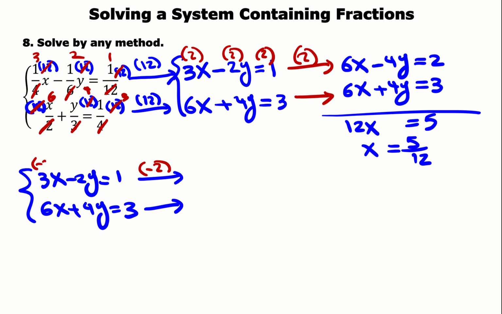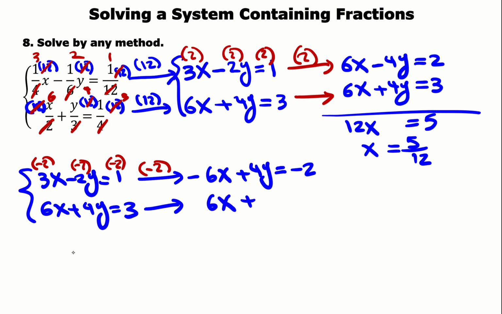So I get -2 multiplied by each of those, and I end up with a new equation, -6x plus 4y equals -2, and the second equation is just 6x plus 4y equals 3.